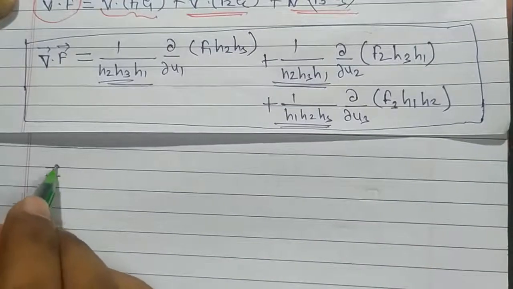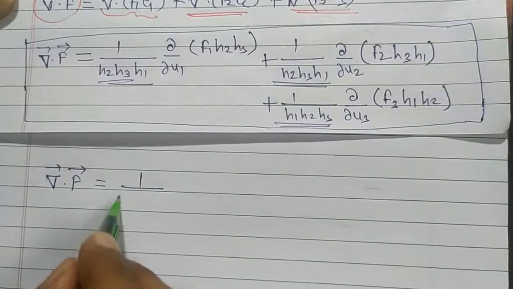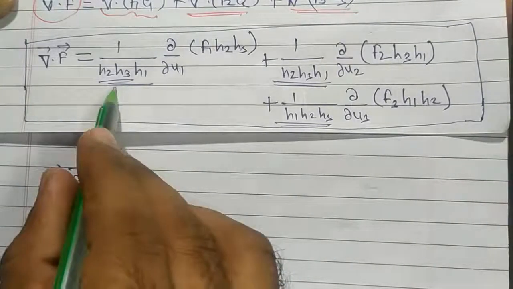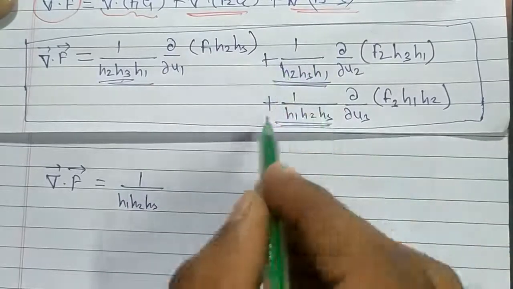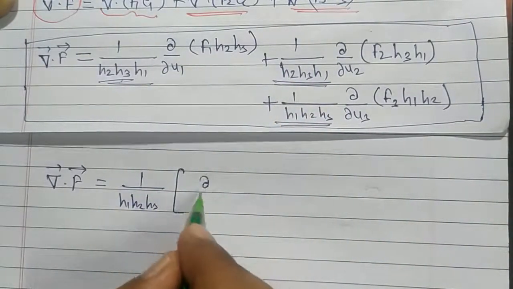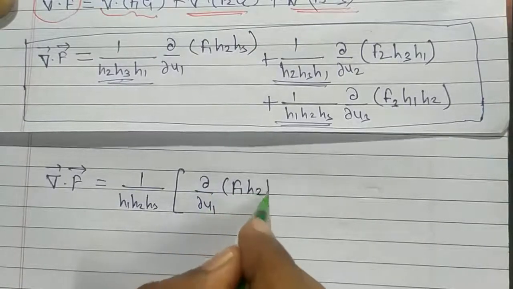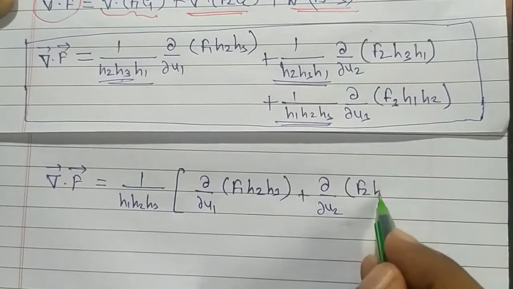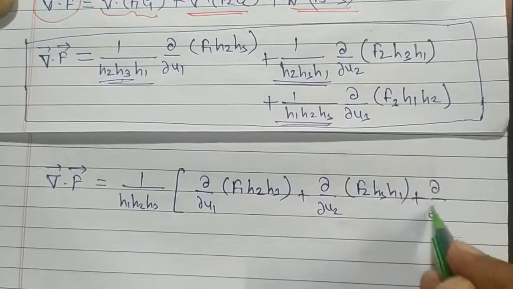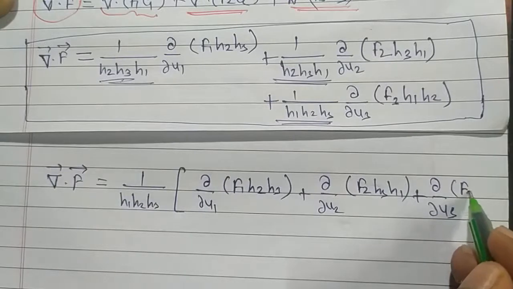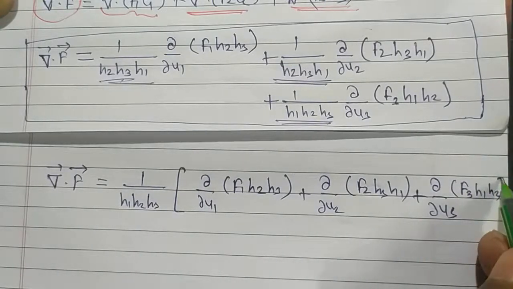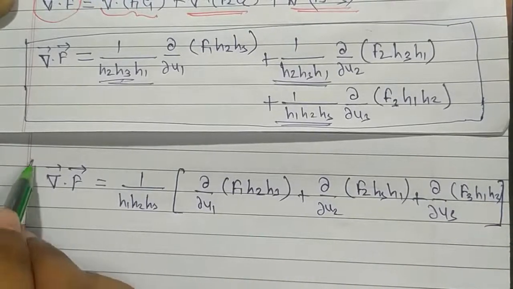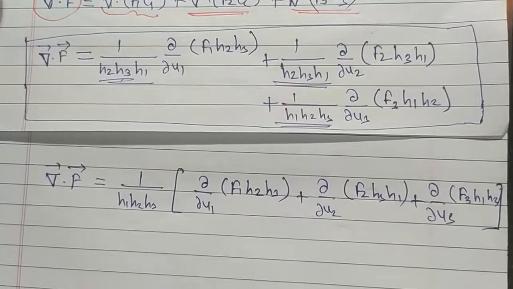So I will take 1 upon h1 h2 h3 common from all terms, and then it will be ∂/∂u1 of f1 h2 h3 plus ∂/∂u2 of f2 h3 h1 plus ∂/∂u3 of f3 h1 h2, and this will be the final expression for del bar dot f bar, that is divergence of vector function f bar in orthogonal curvilinear coordinate system. So today we will stop here.